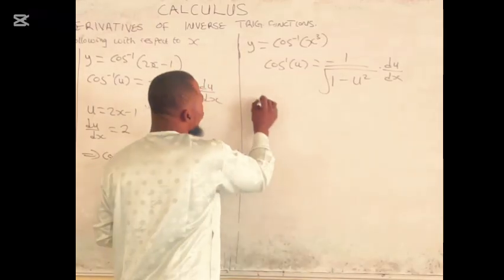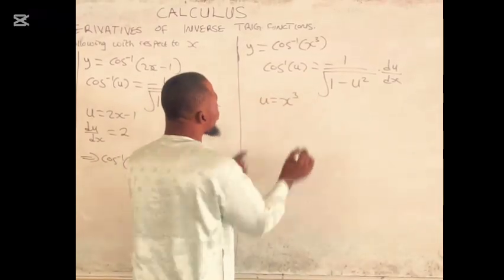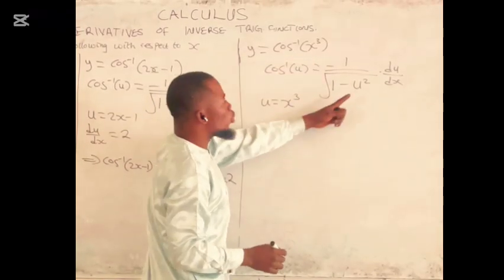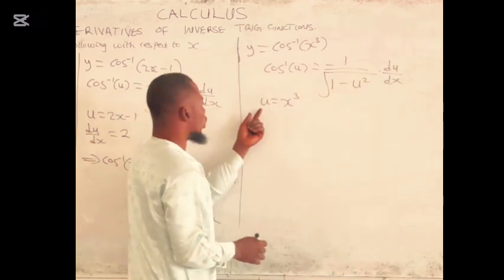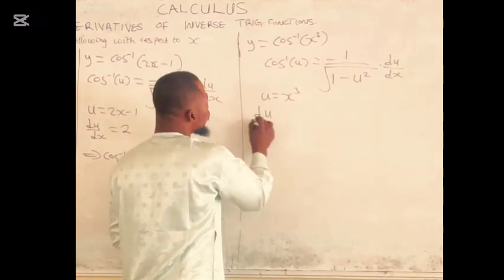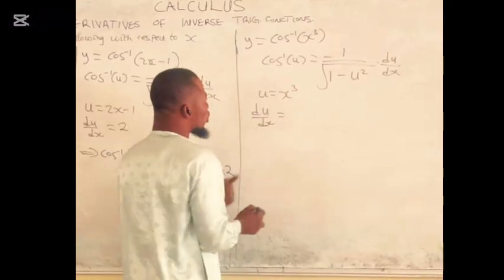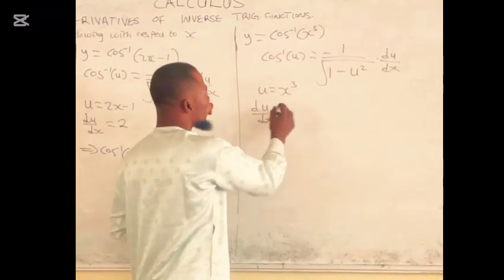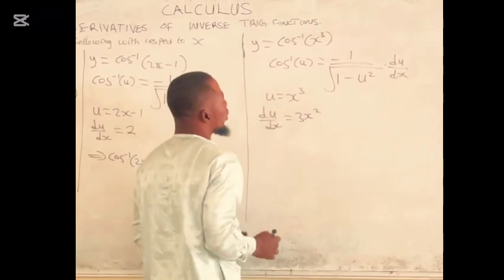So from here, our u is x cubed from the question. Then we look for du/dx by differentiating u with respect to x. So our du/dx will be equal to, if you differentiate x cubed, 3x squared.